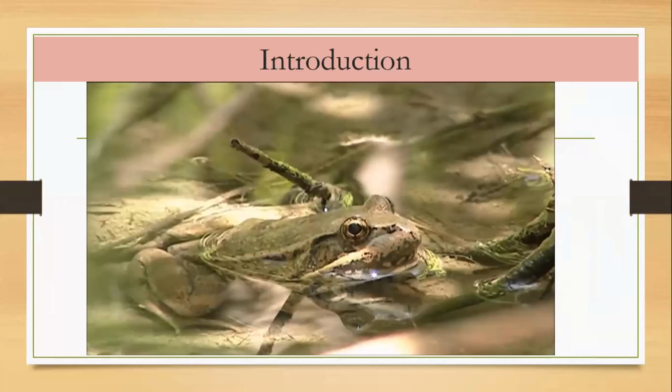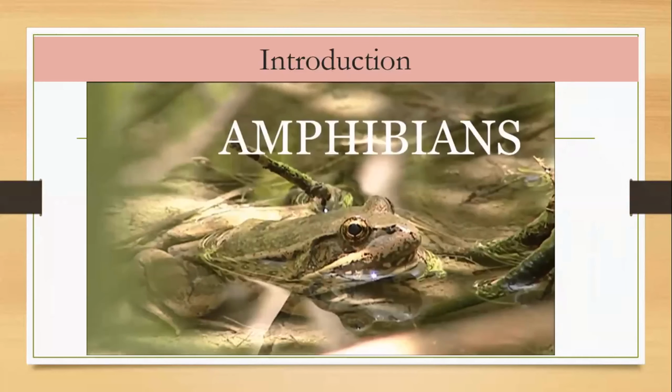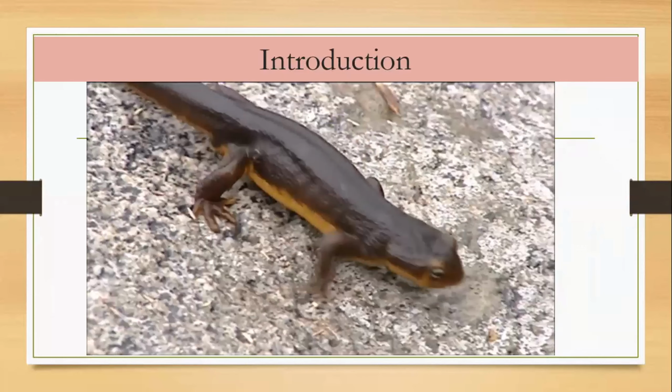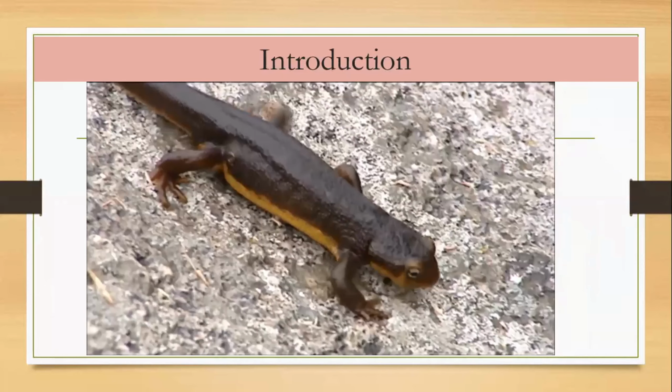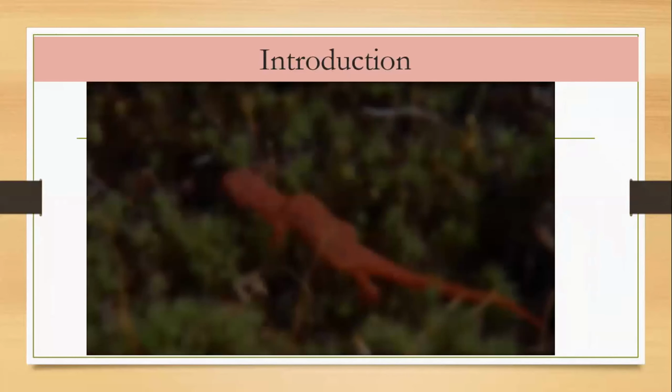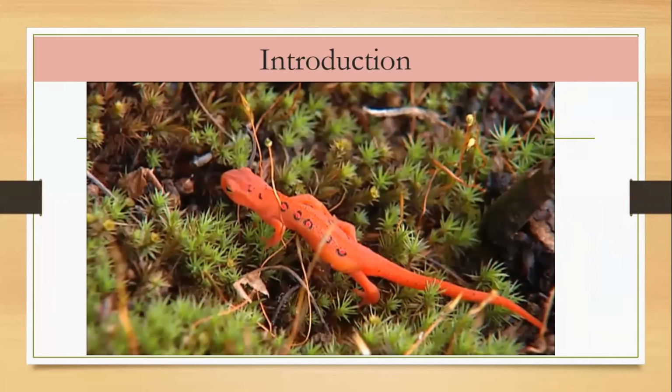Amphibians are a group of animals that include frogs, toads, newts, salamanders, and more. Amphibians, like fish, are cold-blooded. Unlike fish, amphibians can live on land and in the water and have smooth, moist skin.